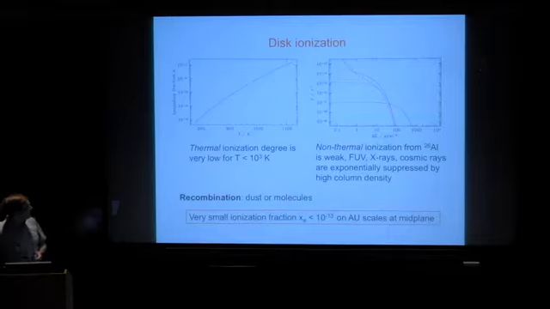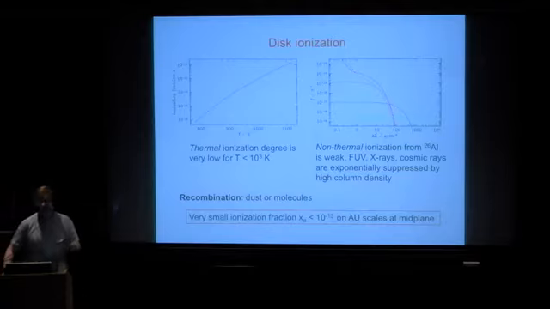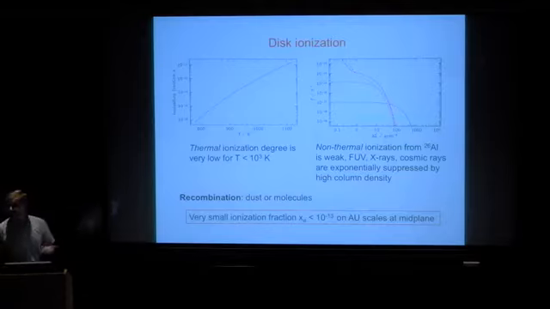So we can say just a little bit about the physics of the ionization. That's a complicated topic in its own right. And you can think about two ways in which the gas in the disk might be ionized. So one reason it might be ionized is just that it's hot, and so it's collisionally ionized. And nowhere in the disk, at least in, let's say, low accretion rate systems, is the temperature going to get large enough to really significantly ionize hydrogen.